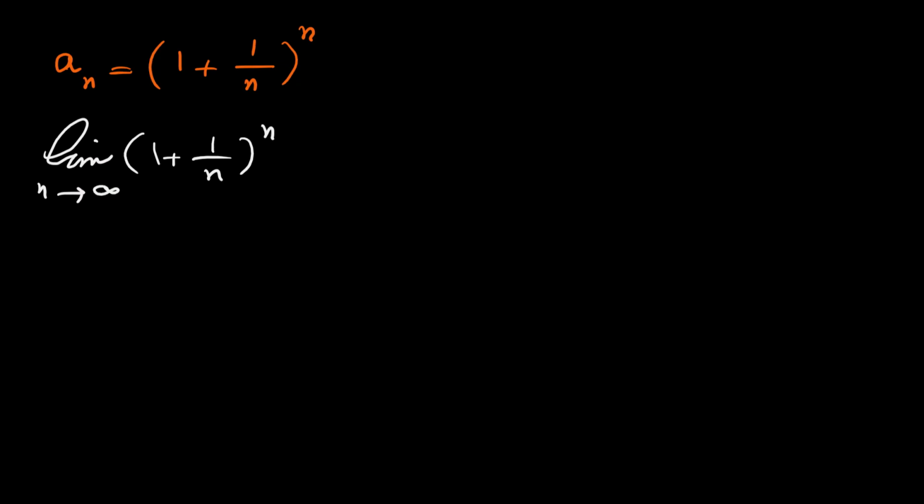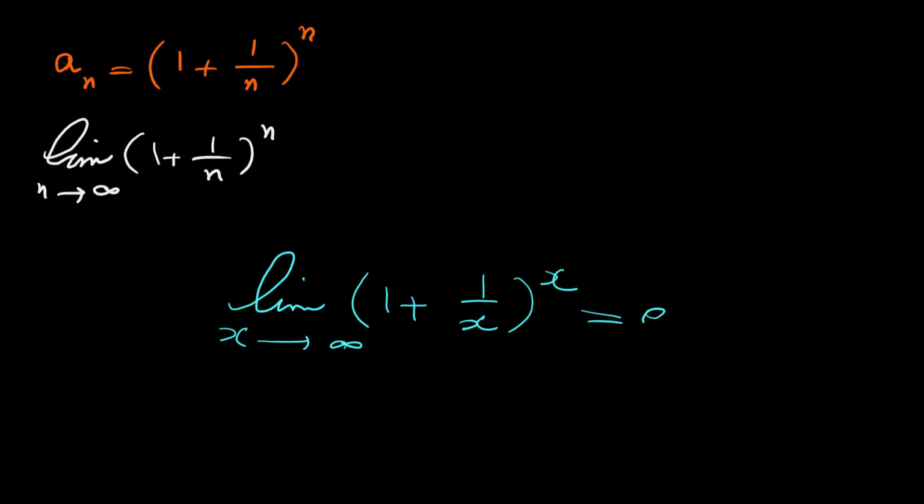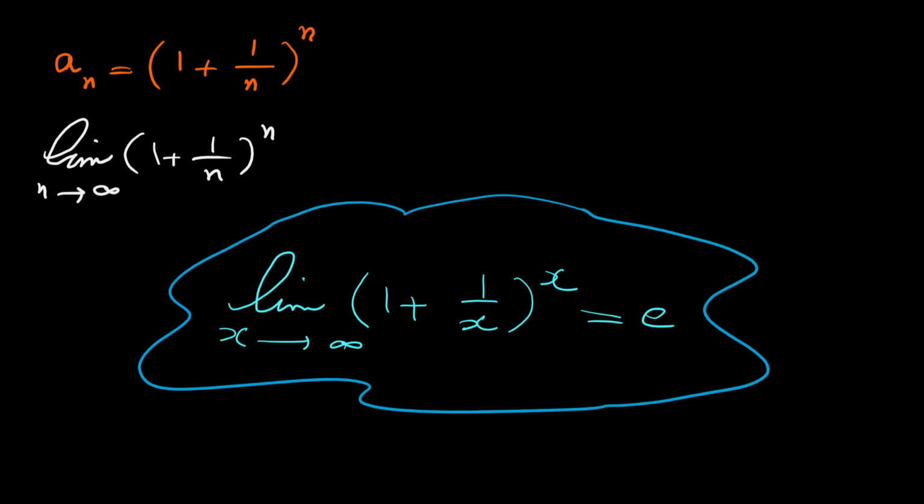Let me remind you from limits of functions that the limit of 1 plus 1 over x to the power of x when x approaches infinity is e. Basically this limit is the same thing, and so the limit is e. But here we want to give you a proof for this. If you remember this from limits of functions, this is a very famous expression, and the limit of this expression as x approaches infinity is e.